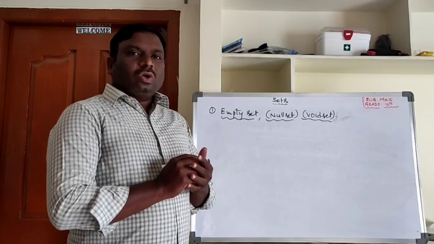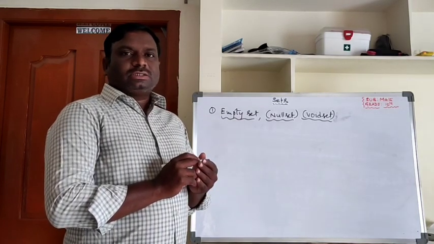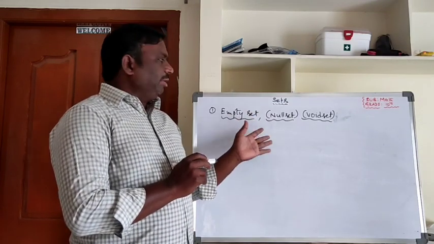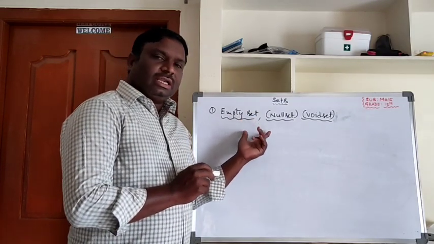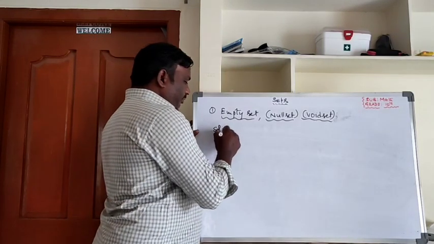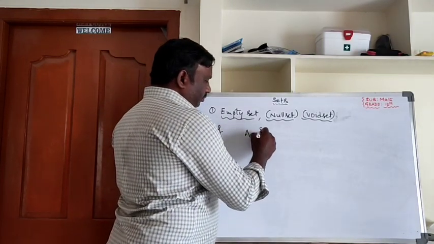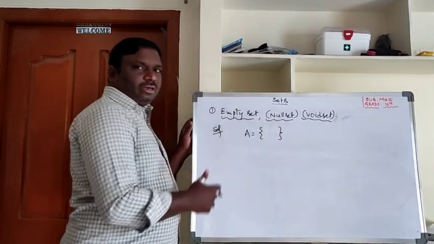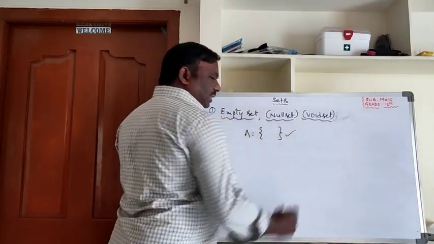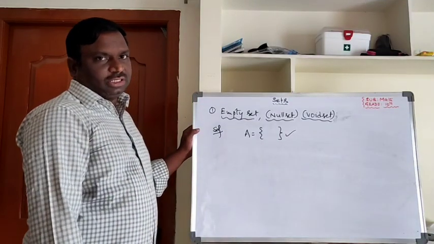That set which has no elements is called an empty set. I'm not writing any element in the set. This is called empty set.